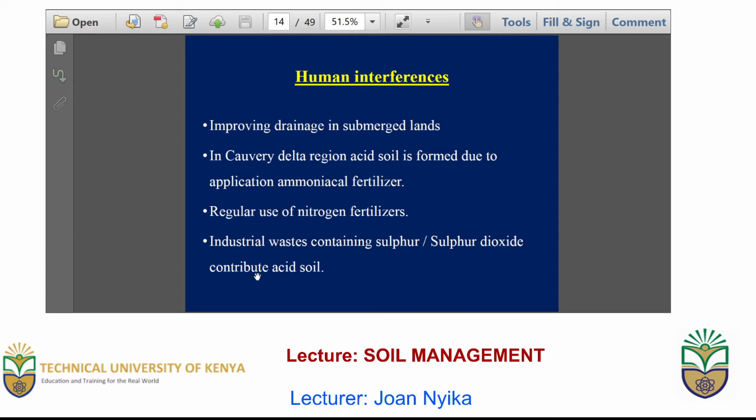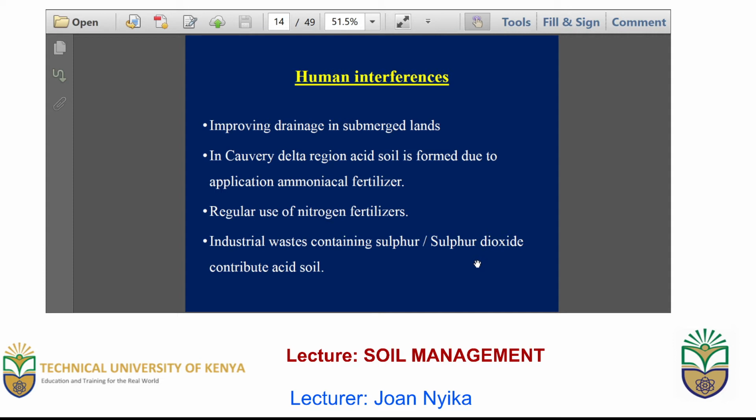What happens is that when sulfur is present, it will react with oxygen to form sulfur dioxide. However, when it is mixed with soils, due to the moisture of the soil, they react with the water to form sulfuric acid, and this, in another way, increases the acidity of soils.